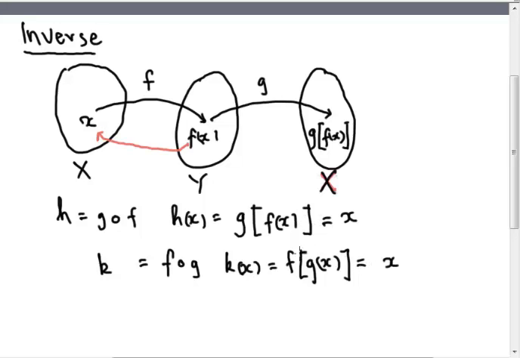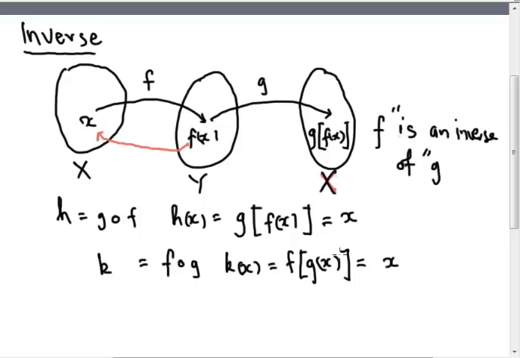Now, when these two things happen, then we say f is an inverse of g.